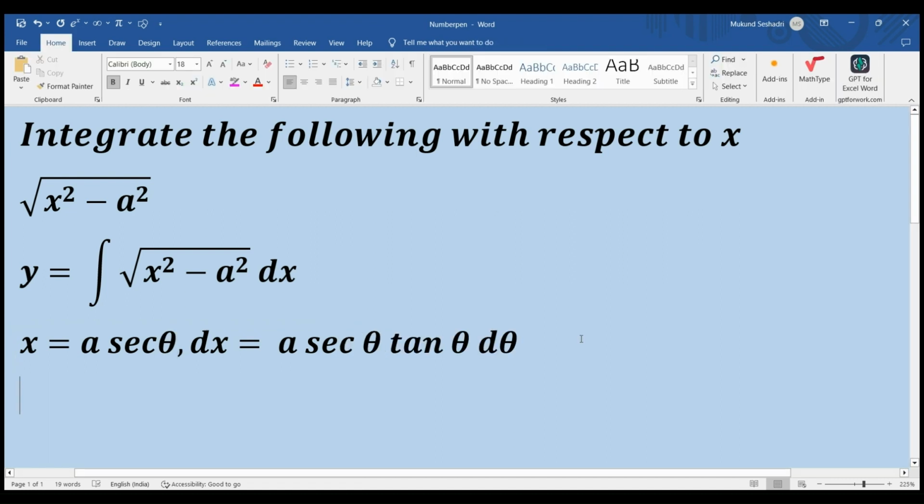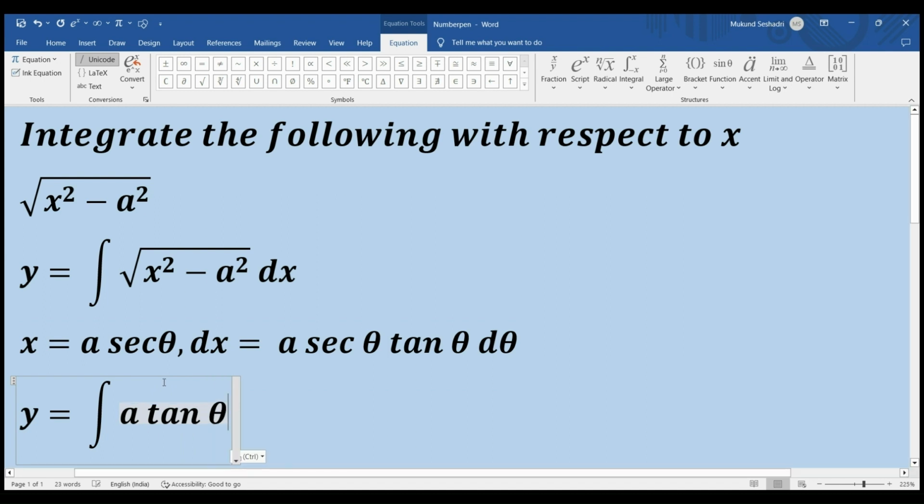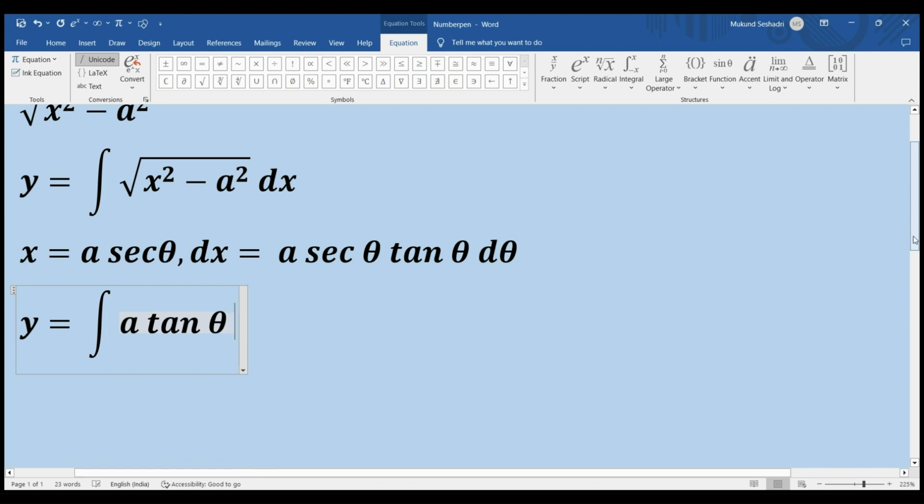Let's go back to our y and let's make the substitution, represent everything in terms of theta, and let's see if we are able to simplify what we have. So my first part, which is the square root of x square minus a square, we already discussed, and that becomes a times tan theta, right? Because secant square theta minus 1 equals tan square theta. And then I have a dx component as well, which means I have a times secant theta tan theta d theta.